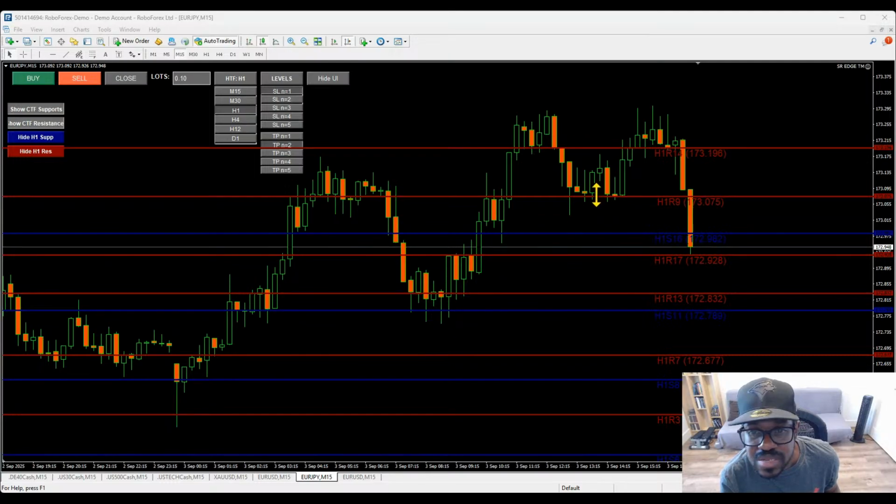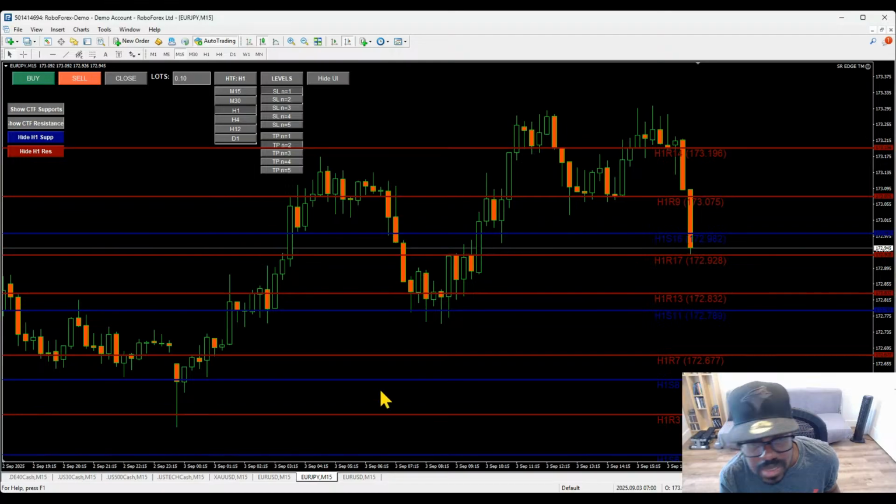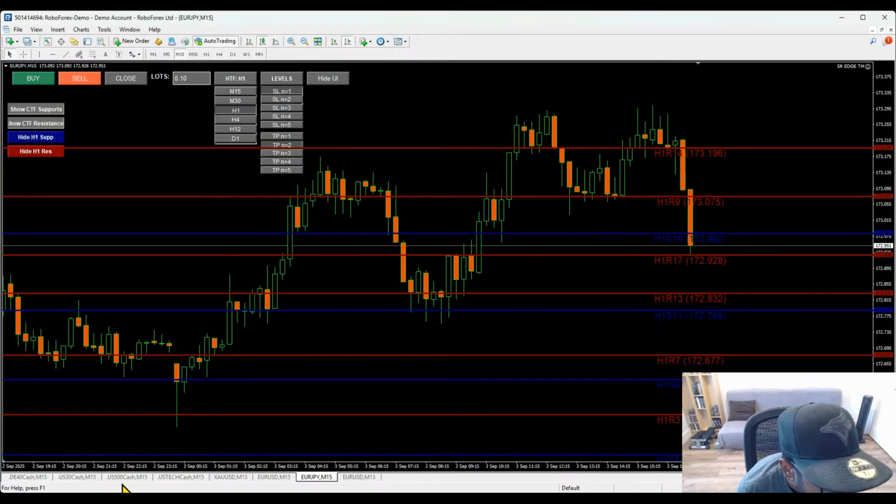So US30, it seems to be starting to go on a bearish movement here right now. So expecting to have the price going a little bit lower here. So let's go on US30.